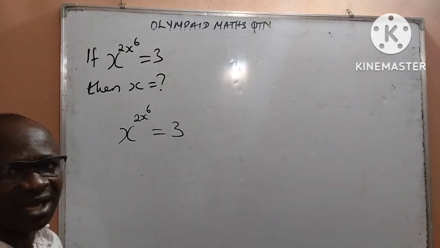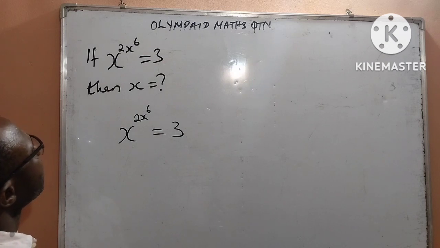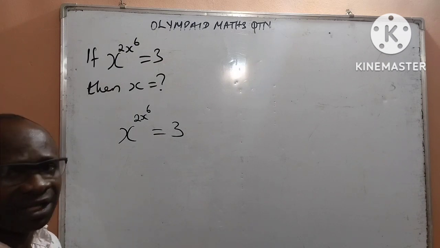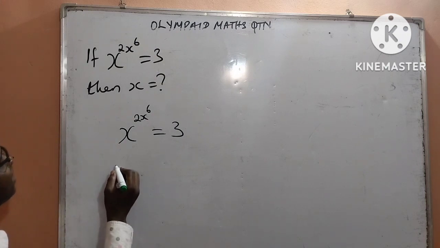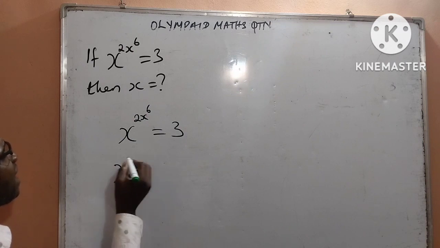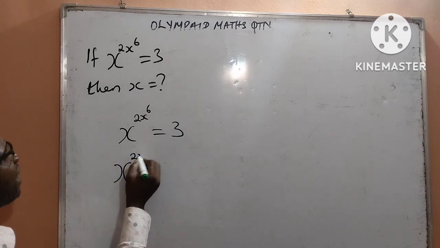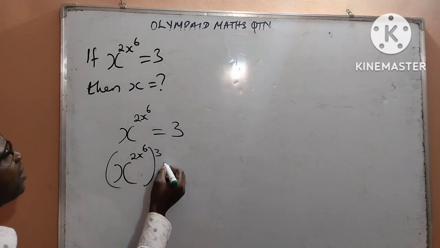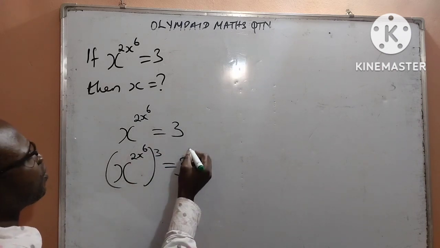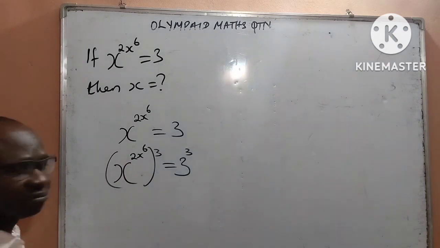In other words, I want to apply multiplication of 3 to the powers. And that means I shall now have x to the power of 2x, to the power of 6, all multiplied by 3, which is equal to 3 also multiplied by power 3.